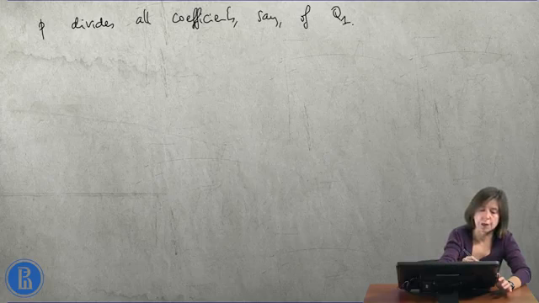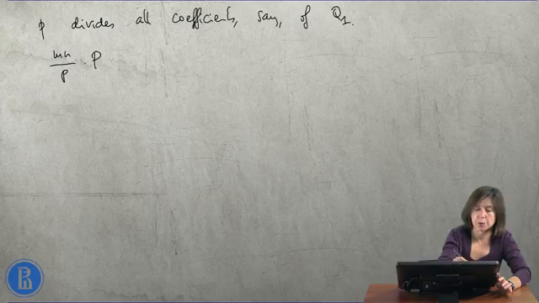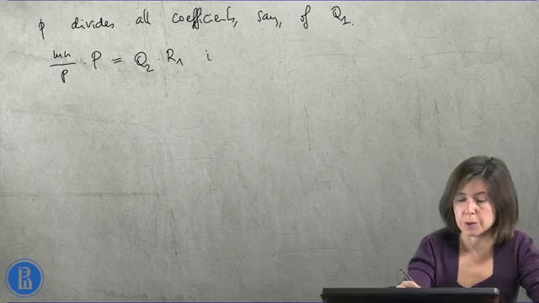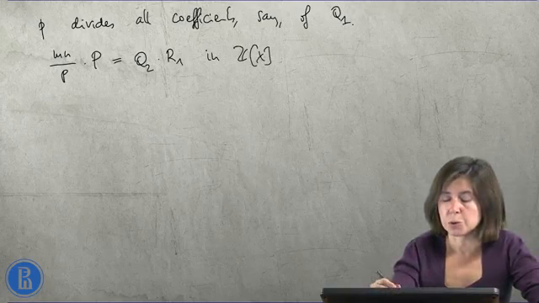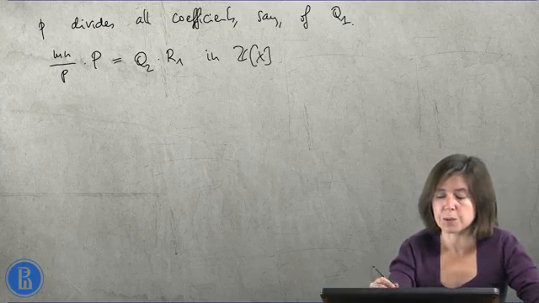And then we can write MN over p times our big P is Q2 times R1 in Z[X], and here Q2 is of course Q1 divided by p.